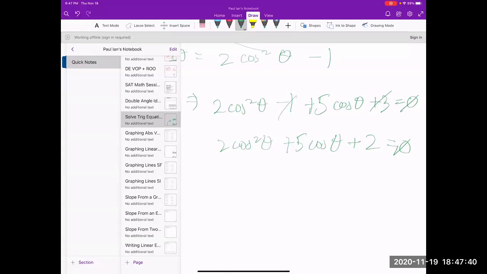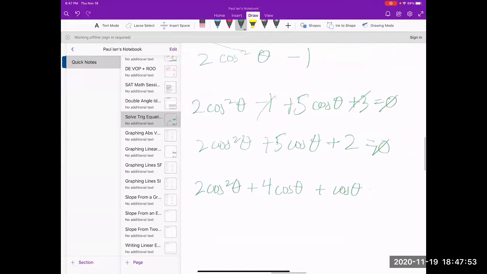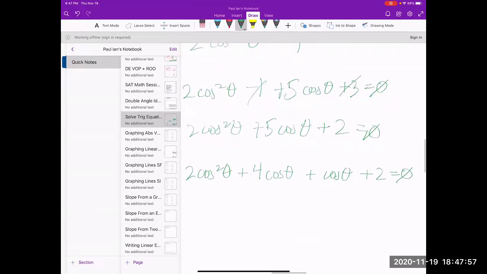Yeah, these are really weird ones. So cosine squared. What did you end up doing with this one? For this one, I ended up switching cosine 2 theta into 2 cosine squared theta minus 1.